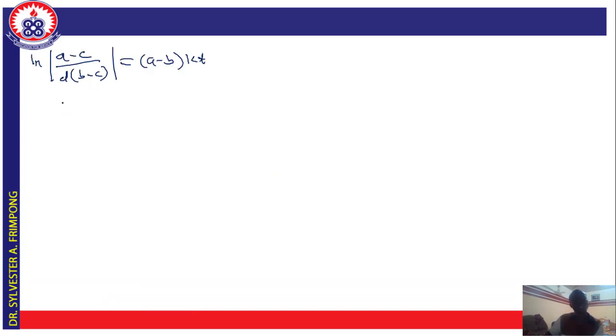So having this, you can take away the ln of both sides. You can take the exponential function of both sides, and you're going to get A minus C over B minus C equals e raised to power D times e raised to power A minus B kt. So now we use the initial condition C of 0 equal to 0.